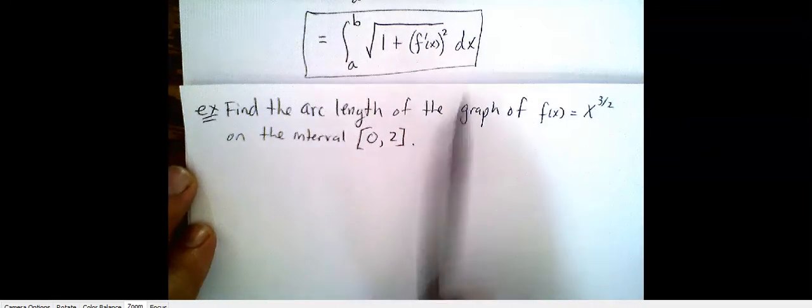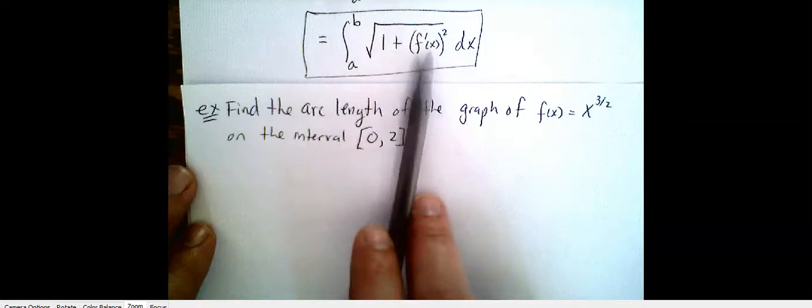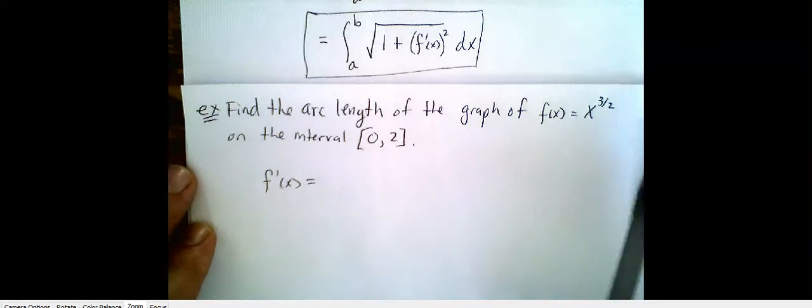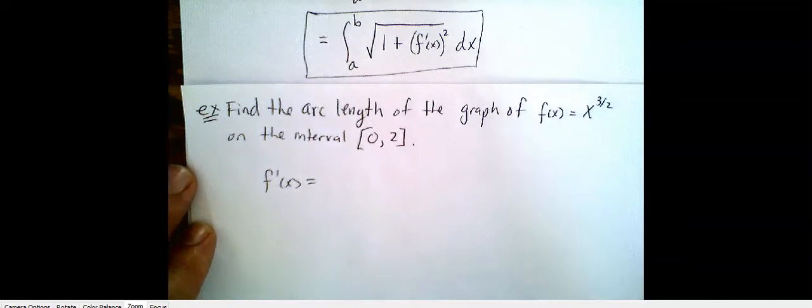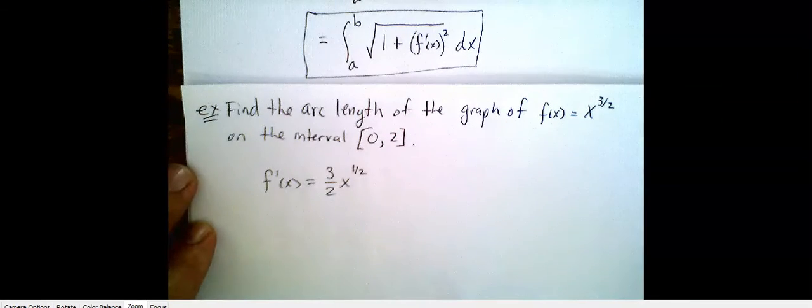So all we need to do is just utilize our formula. We need to find our f prime of x first. So let's do that first. F prime of x is equal to the derivative of x to the 3/2, which would be 3/2 x to the 1/2. Right.